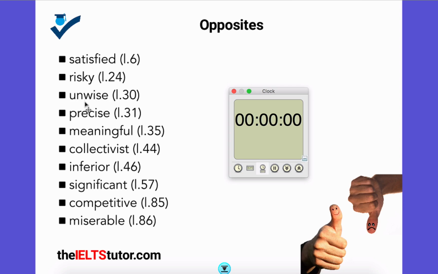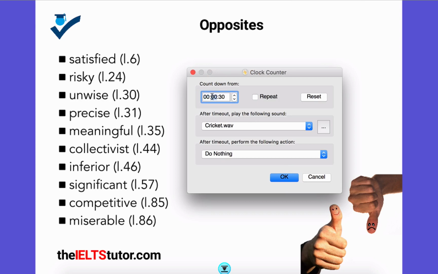I think there are 1, 2, 3, 4, 5, 6, 7, 8, 9, 10 words. So perhaps 5 minutes for you to consider finding out what these adjectives are. Okay, so 5 minutes to write down the opposites of these adjectives starting now.